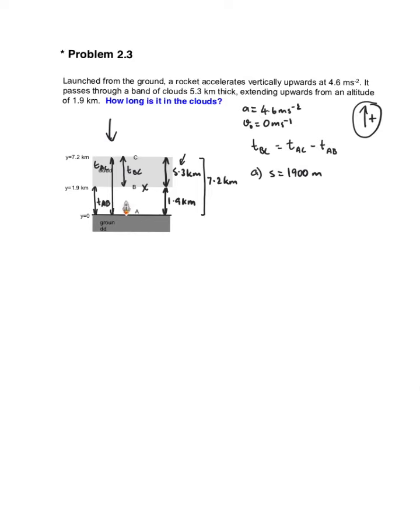So there's an expression that looks like this one: S equals V naught T plus half A T squared. That's one of our constant motion equations.